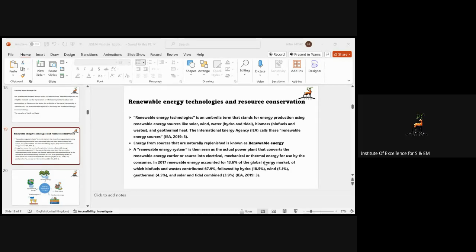Yes, exactly. Solar energy is an example of renewable energy technology, and it is very popular nowadays. And anyone else, apart from solar energy, what are the other renewable energy technologies? Wind energy and hydro energy. Yes, hydrothermal energy and wind energy and solar energy.